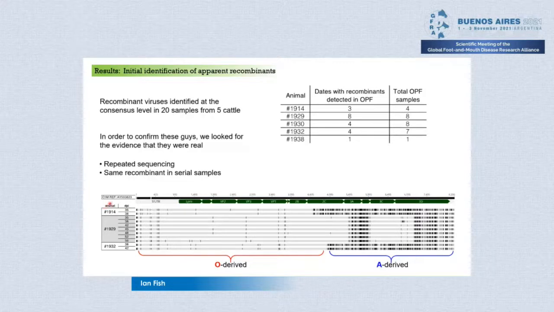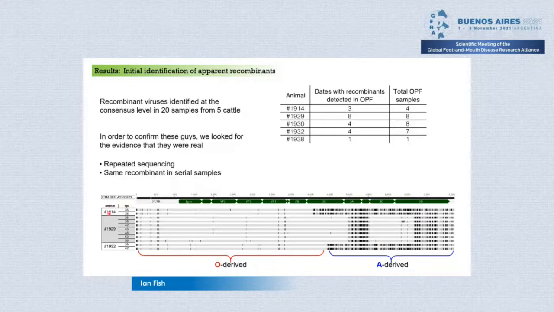Now, during this talk, I'll have a few alignments that look like this one. The light gray parts of the alignments will indicate an O-derived part of the sequence, something that looks just like the O parental inoculum virus. And then the darker black parts that look like barcodes here, those will be the parts of the genome that are derived from the A parental virus.